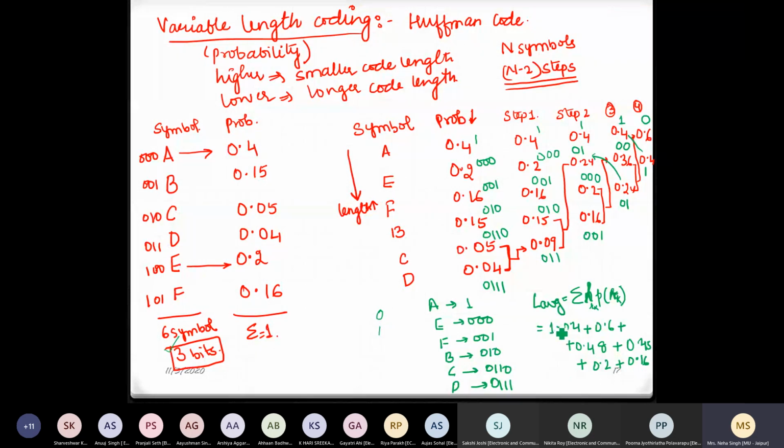Add them, what do you get? How much do you get? 2.29, I guess. Is it correct? 2.29.